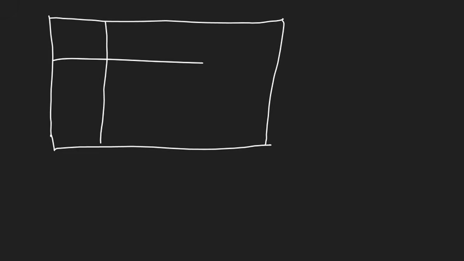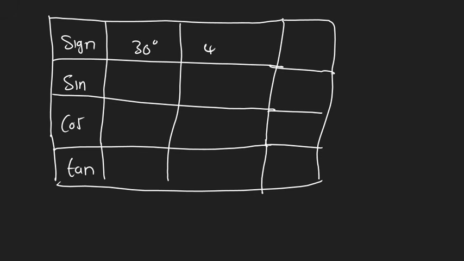So you say 1, 2, 3, right? Should be 4. You should be able to remember this. So this is going to be your sine. So you start with your sine, then your cosine, then your tan. Then this is going to be 30 degrees, 45 degrees, 60 degrees.